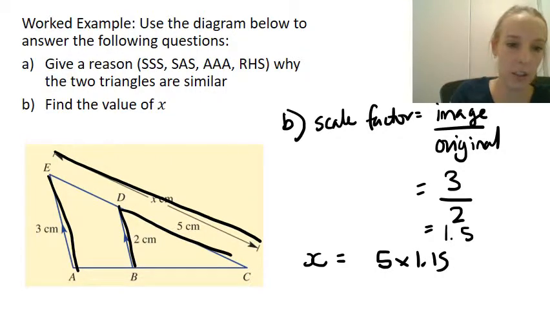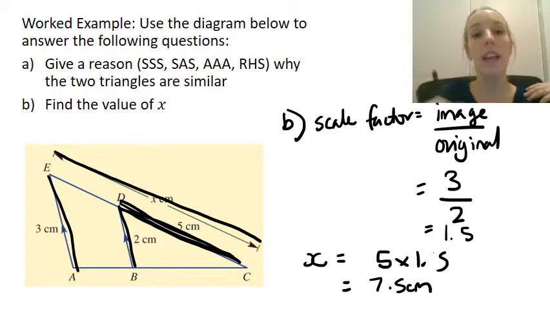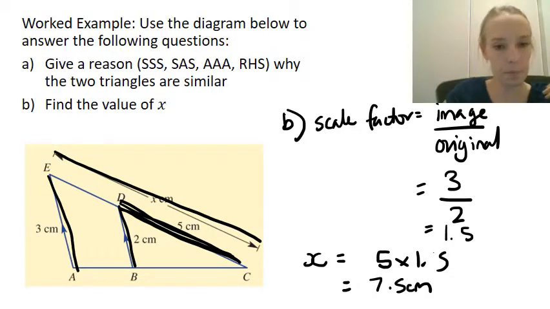The corresponding side, D to C, is 5 centimeters. We want to find the distance of the side E to C, which is 1.5 times bigger. So it's 5 times 1.5, not 1.15, which is 7.5. So we know our longer side is 7.5 centimeters.